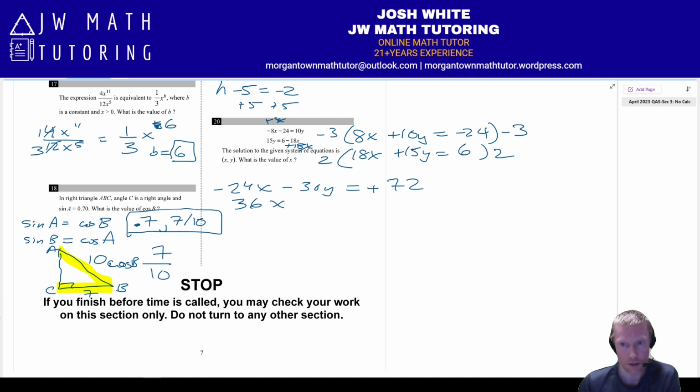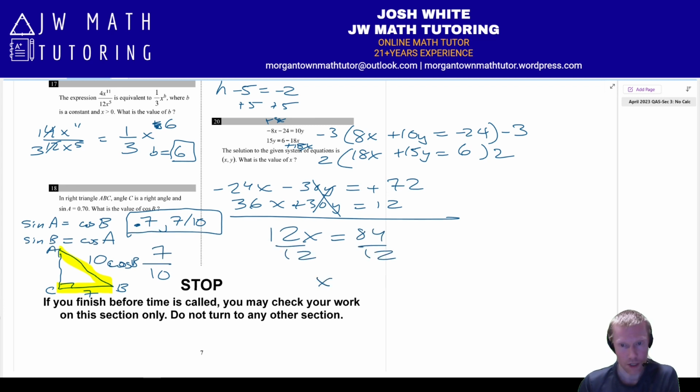The bottom, 36x plus 30y equals 12. Now we can add down the columns. The y's cancel out, which is what we wanted. I'm left with 12x equals 72 plus 12, which is 84. Divide both sides by 12, and x equals 7. So that's what you will grid in. That is the answer to this question.